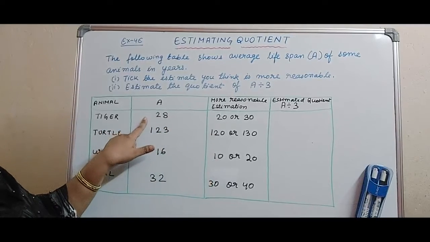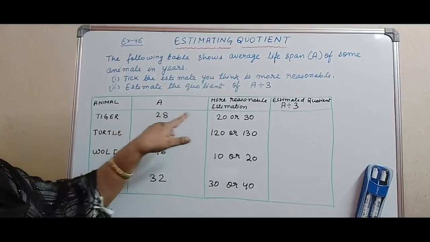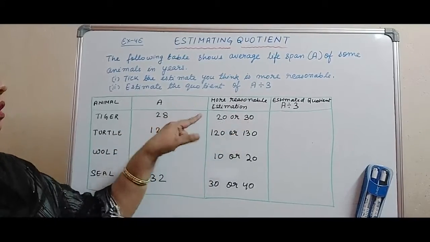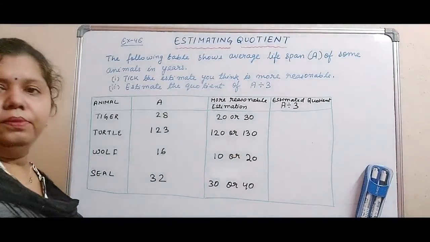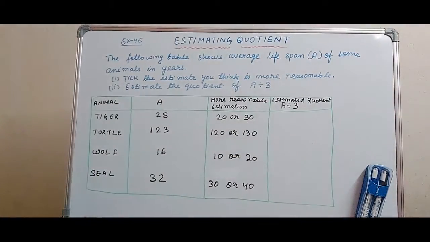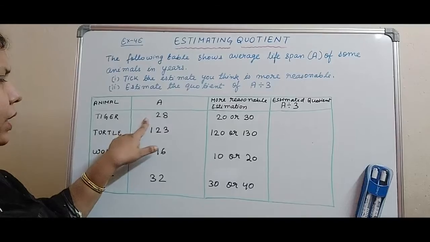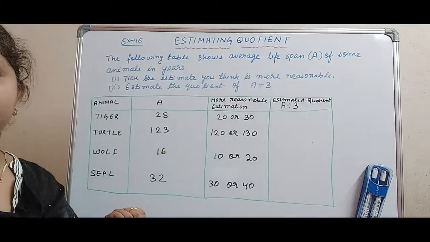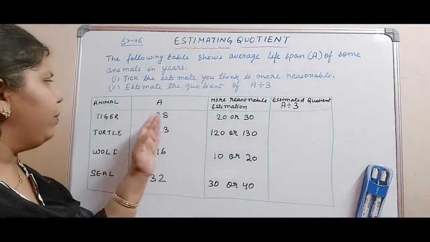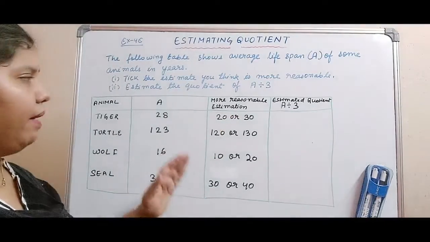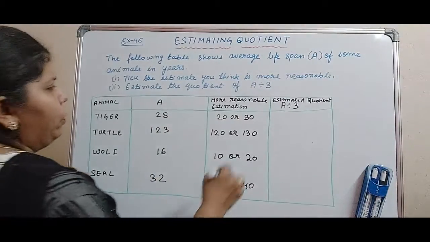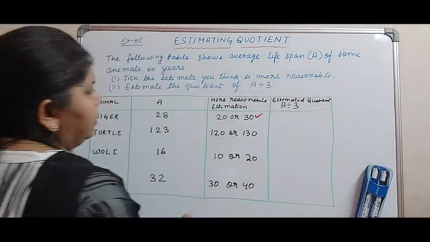For example, 28: out of these two options you have to choose the reasonable estimation. 28 is nearer to which, 20 or 30? The difference between 28 and 30 is less than between 20 and 28, so we will put a tick mark on 30.